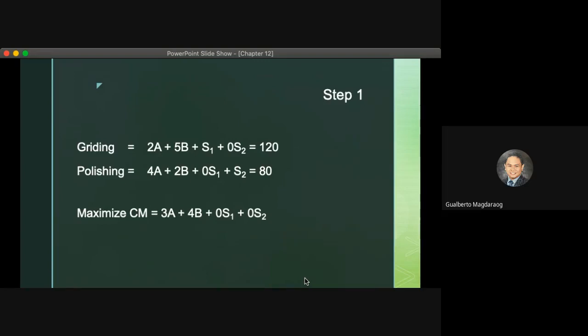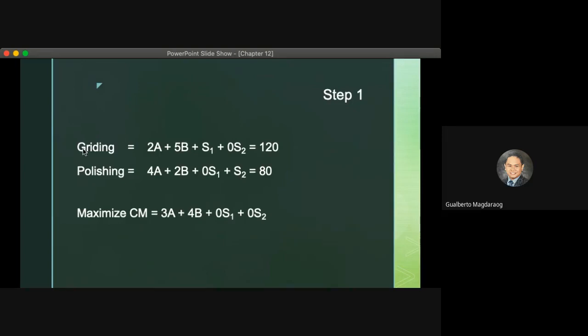And that is the slack variable. So we will assign one slack variable for grinding, and we will also assign one slack variable for polishing. We did not put a value of 1 because if there is no value, it is automatically 1.